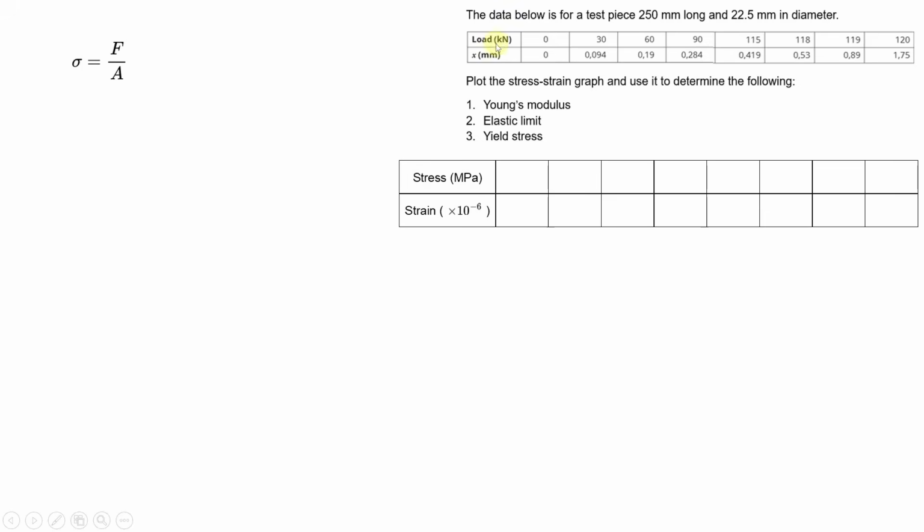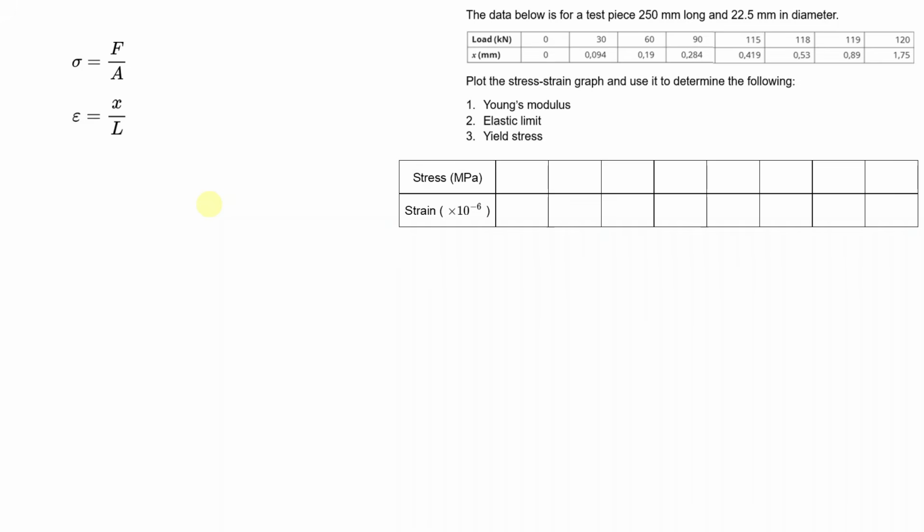In this table you have a bunch of forces, so you will use each of these forces and divide by the cross-section area to find the corresponding stresses. And then the strain is equal to the elongation divided by the original length. In this table, we have a bunch of elongations for the various forces, and so we will take these, divide by the original length to find the corresponding strains.